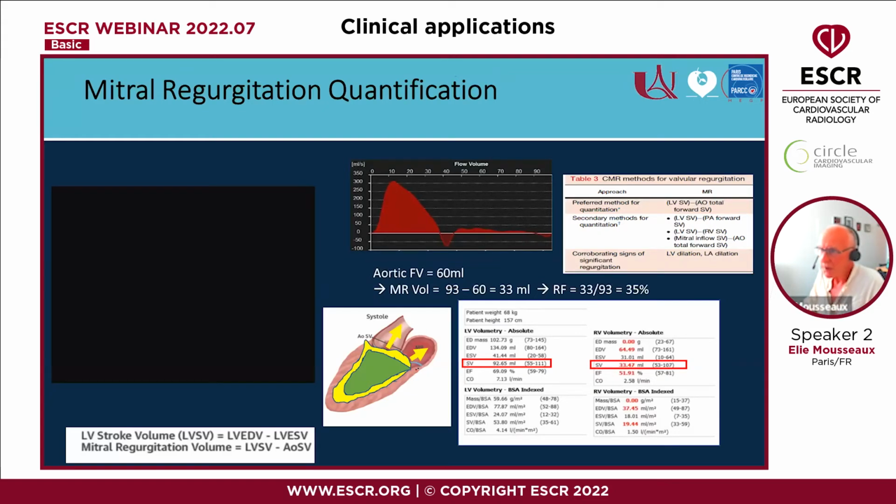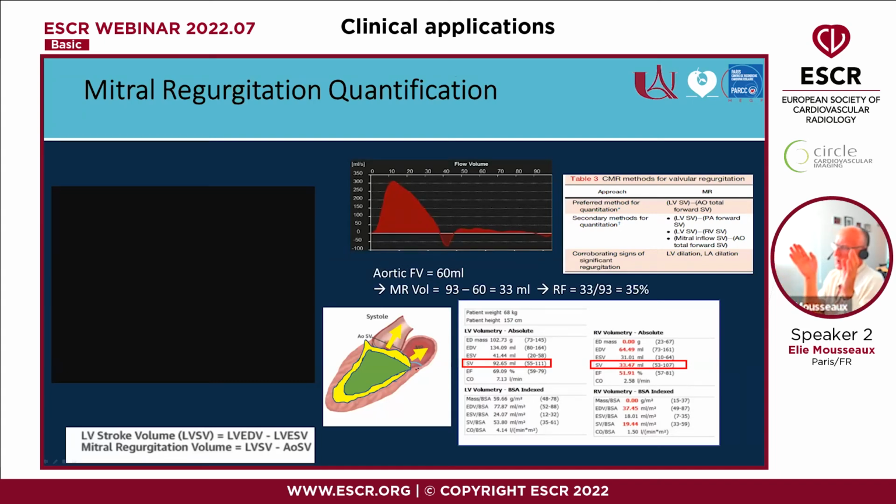So now for the mitral regurgitation, sorry, the motion doesn't work here because it's too much load on my computer. But now it's well accepted that you have to do two things. You must have a short-axis view series, and you estimate the stroke volume. And the stroke volume is equal to the volume ejected into the aorta plus the mitral regurgitation volume into the left atrium.